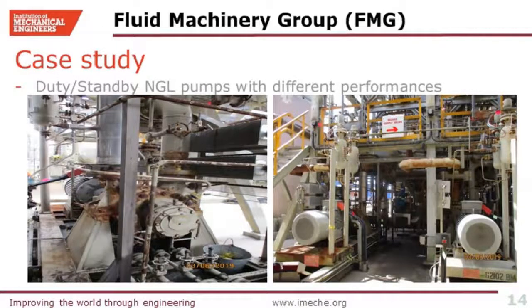The liquid is NGL, which means it has a very high vapor pressure. Pump A, the problematic pump, has much higher running hours compared to pump B. It's more than twice. That was the main pump in service since commissioning.